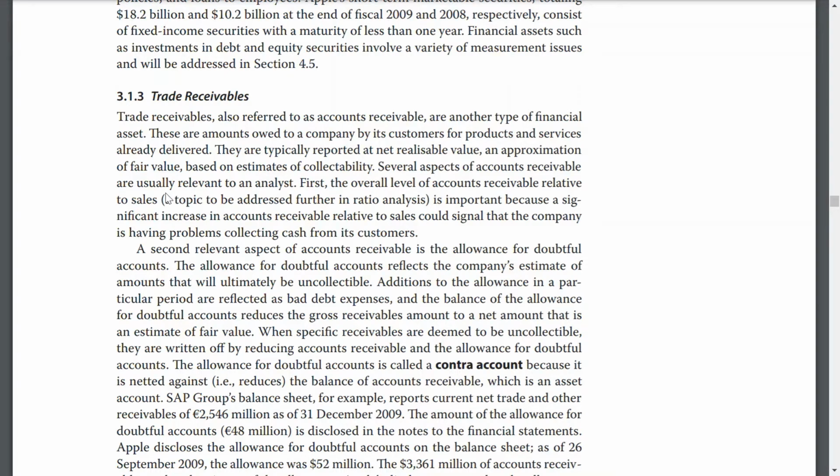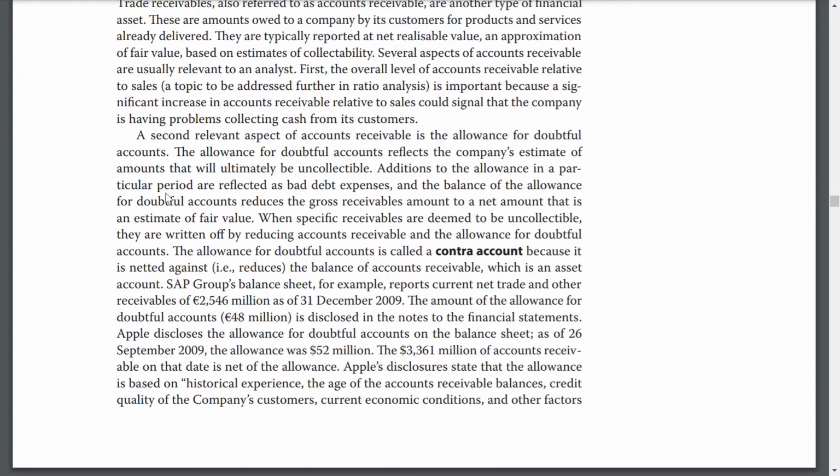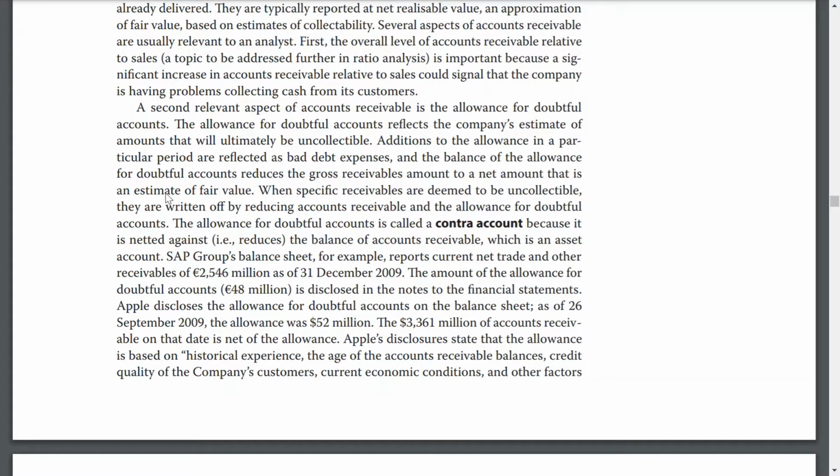When specific receivables are deemed to be uncollectible, they are written off by reducing accounts receivable and allowance for doubtful accounts. The allowance for doubtful accounts is called a contra account because it is netted against the balance of accounts receivable.